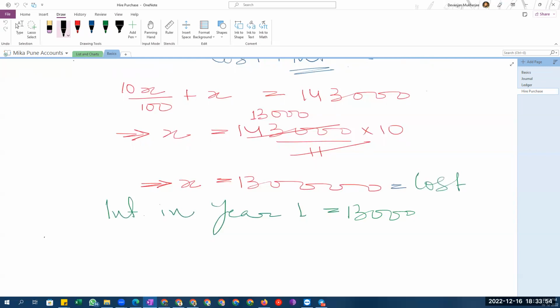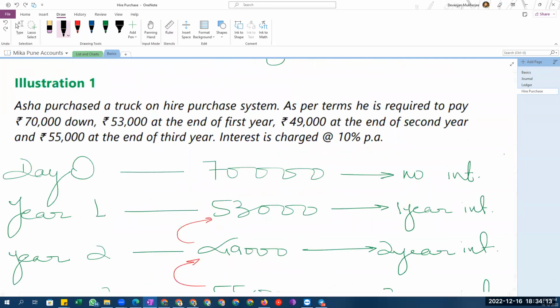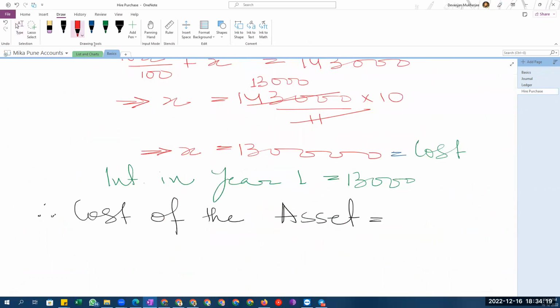The last thing that is left, therefore, is the cost of the asset. The cost of the asset will be, right now outstanding cost is 130, plus the down payment that we had made at the beginning. This is also called outstanding at the beginning.